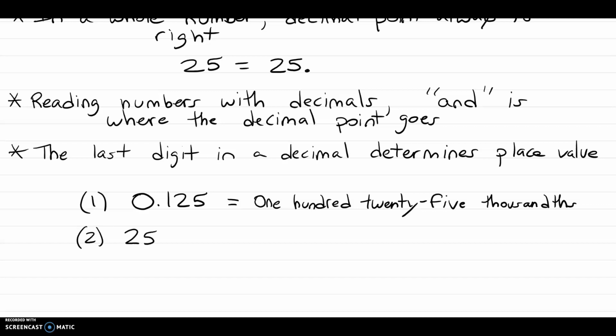What about this number? 25 and 15 hundredths. So you read the whole number, so we have 25 and, which means that's a decimal point, 15 hundredths.